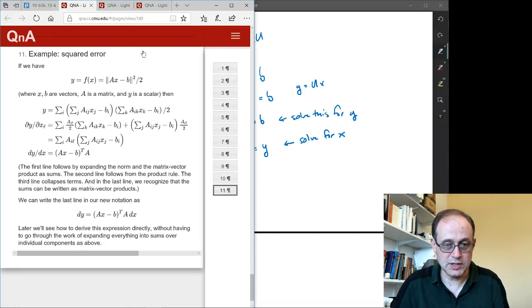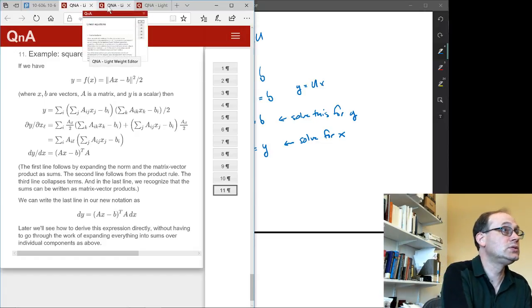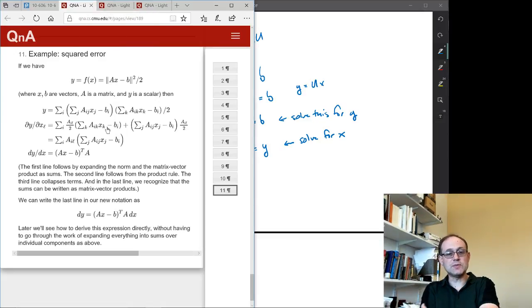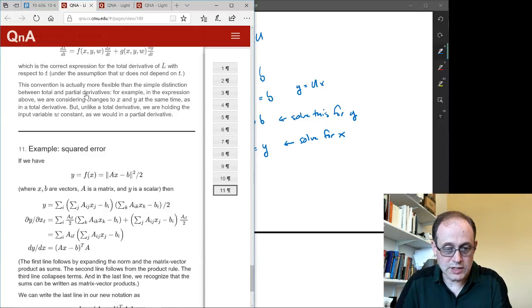So I think we have time to, oh, somebody's asking on Piazza about the difference between total and partial derivatives. So let's see. A total derivative means that, let's go back up to an example here, right?